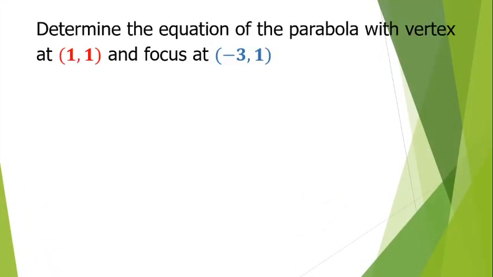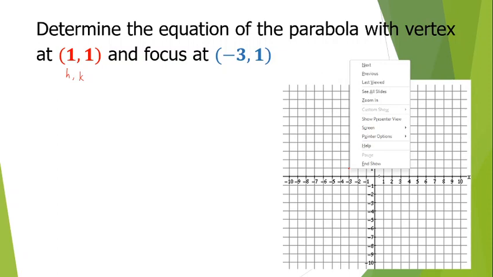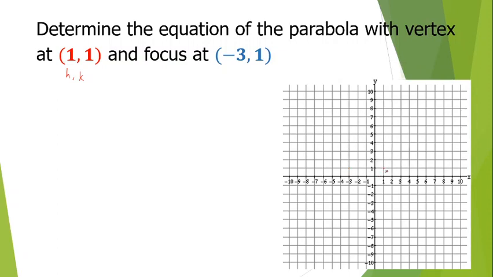Determine the equation of the parabola with vertex at 1, 1 and focus at -3, 1. Again, our vertex is (h, k). So let us graph our vertex and focus to determine the opening. We'll have the vertex at 1, 1 and the focus at -3, 1.